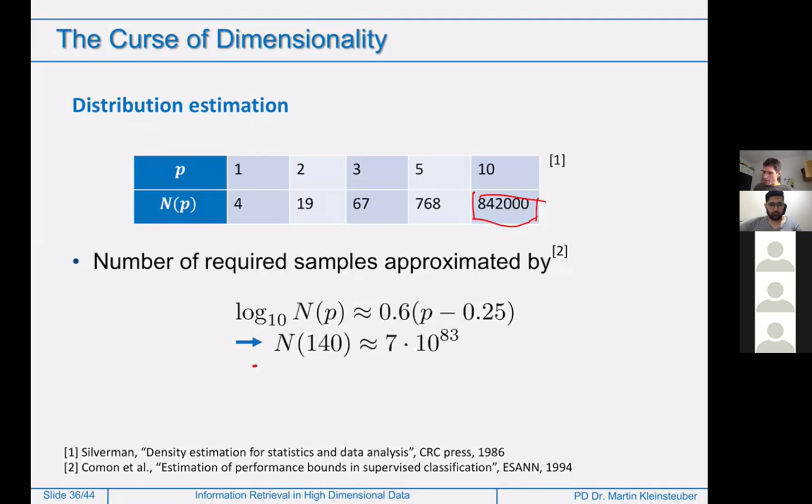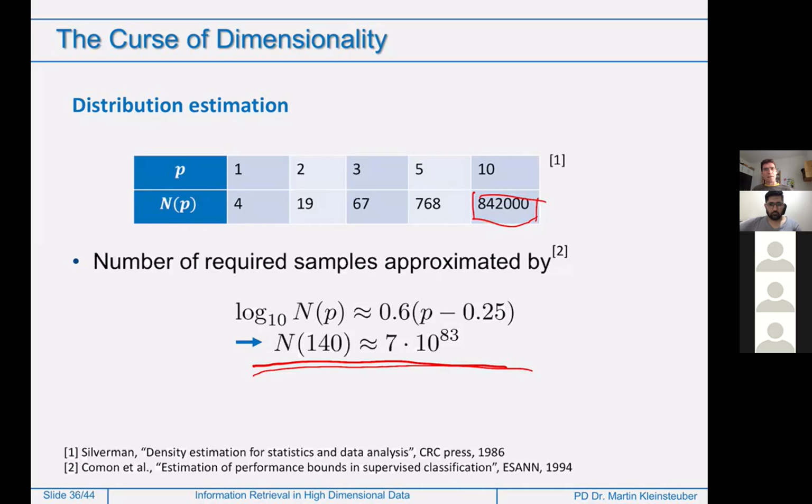And for n equals 140, so for a 140-dimensional Gaussian distribution, you would need 7 times 10 to the 83 samples in order to get a rough estimate of what the true density function behind is.